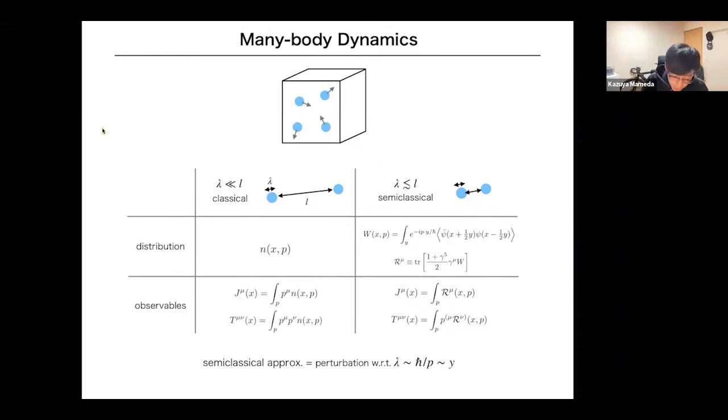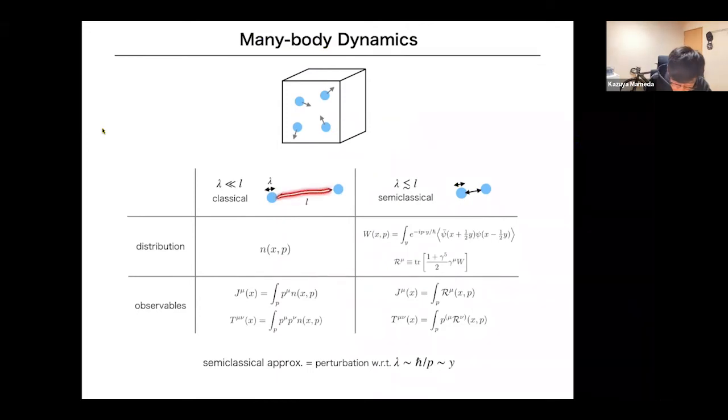First, we prepare the many-body system in some box like this. And I want to talk about two different cases. The first one is the classical regime. This blue circle is a particle of the system.